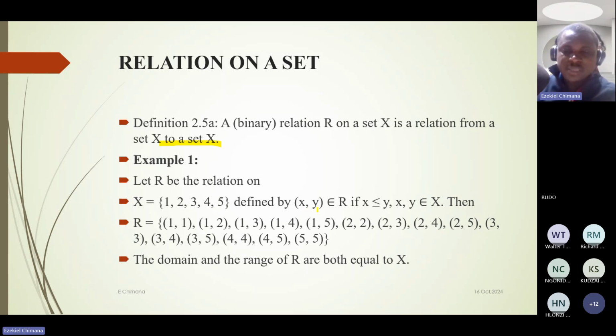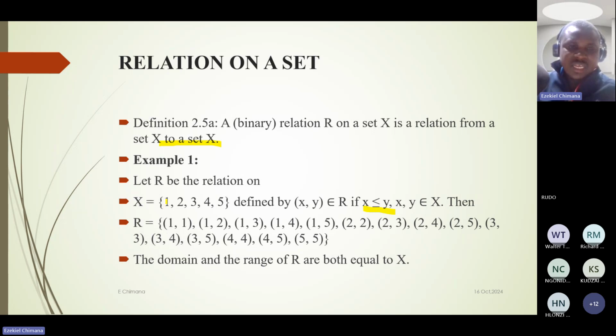Define R by: X, Y is an element of R if X is less than or equal to Y, where X, Y are both elements of X. So then the relation will be like this. We are saying X must be less than or equal to Y.